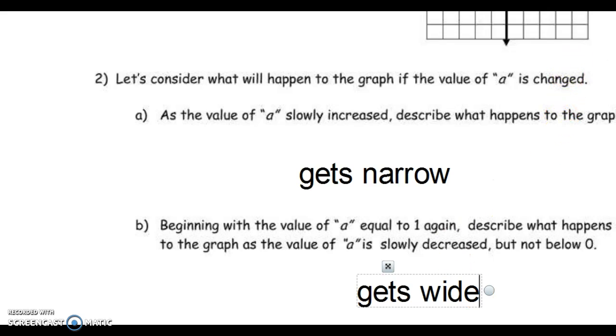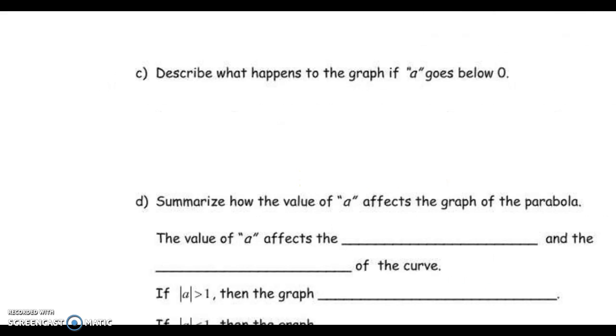All right, let's go on to the next page. As the graph goes below 0, meaning it's negative, the graph goes down. So the value of a, that's going to affect the shape.